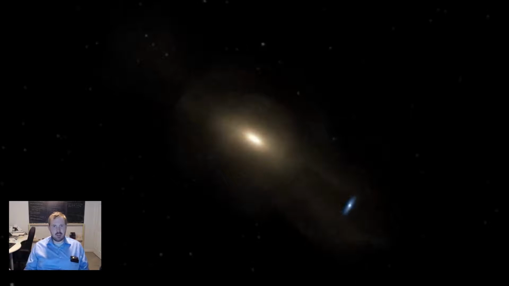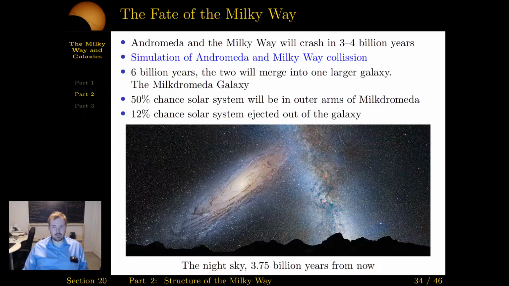This one in this simulation is probably going to be a type of elliptical galaxy once it's all said and done. So, overall, in about 6 billion years, the Milky Way and Andromeda will have fused into one, cannibalized into one galaxy that, for now, we're affectionately calling the Milkdromeda Galaxy.